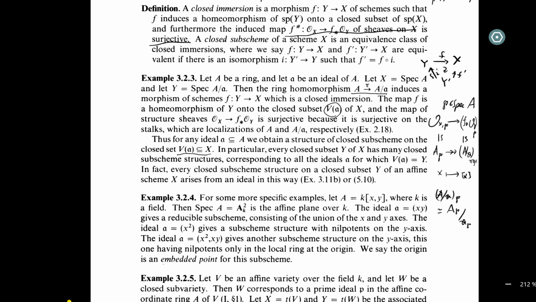So if we start with an ideal, then its closure is a closed set of X. We just have to give it a scheme structure.